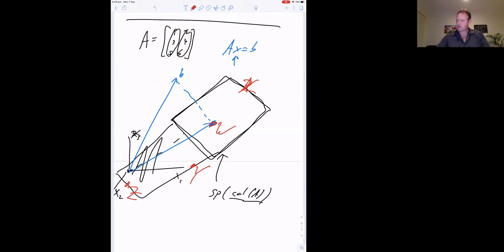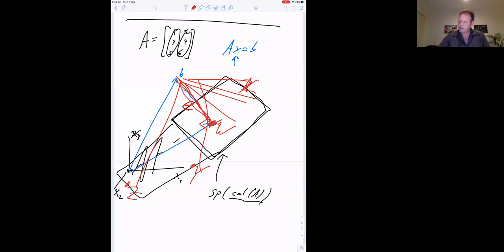W. So you want the point that is orthogonal to the vector B and minimizes this error. You also see that if you deviate from this point, wherever you go, the error is bigger.